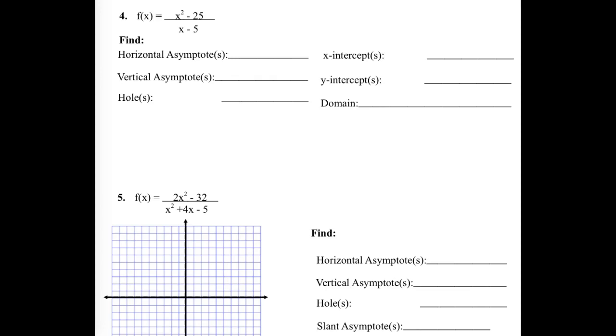How do we factor the top? So, do we have any factors that we could cancel out? Yes. Which means this reduces to what? Just an x plus 5.